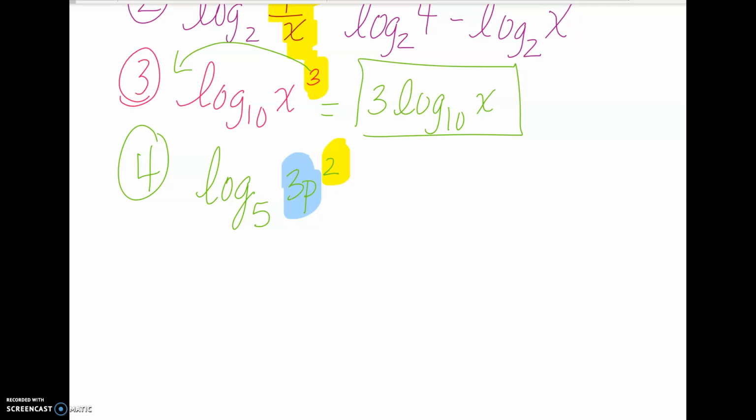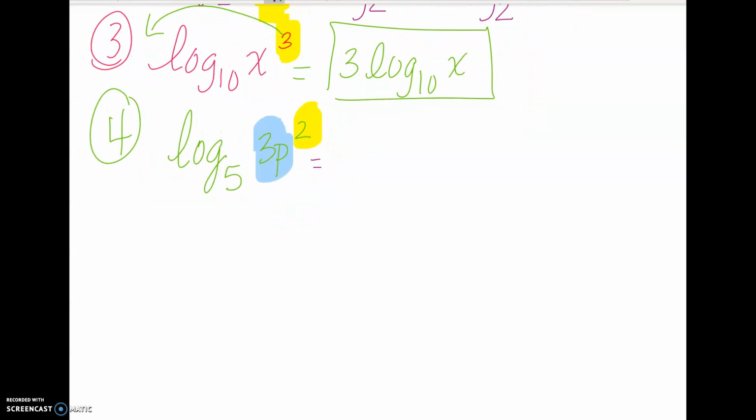The thing to know is that this power is going to the p. When I expand this out, I'm going to expand first with the multiplication. So I have log base 5 of 3 plus, now this p squared means the 2 goes in front, 2 times log base 5 of p.